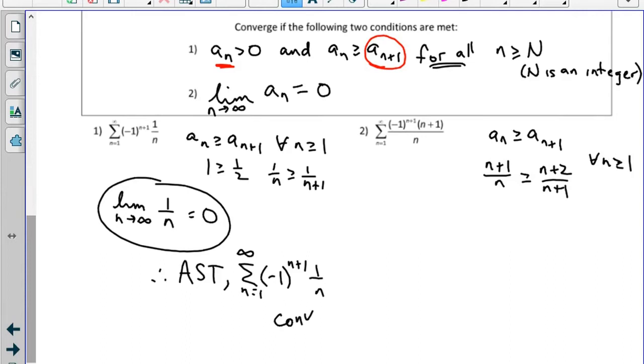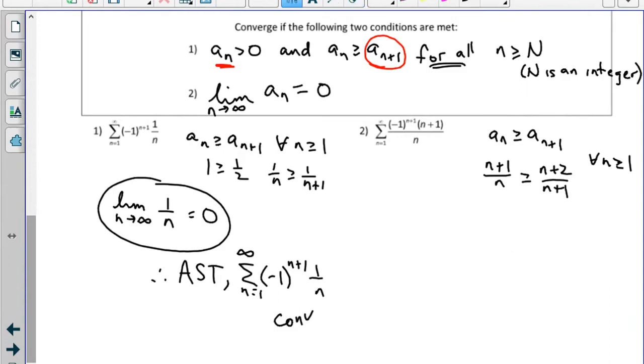So the first condition holds. You could actually do some solving here to show that it's true. If you cross multiply, you get n squared plus 2n plus 1 is greater than or equal to n squared plus 2n. And if you subtract everything, you get 1 is greater than or equal to 0. So that is something that you can actually show is true for all n greater than or equal to 1.